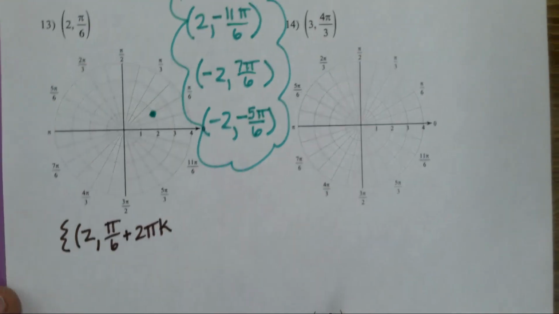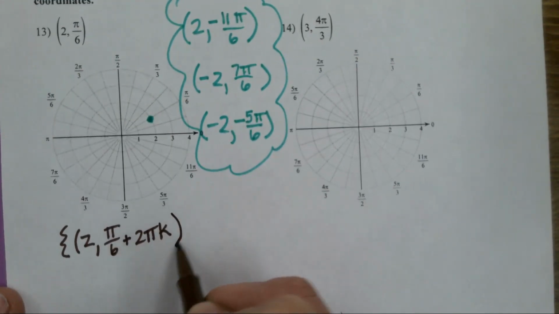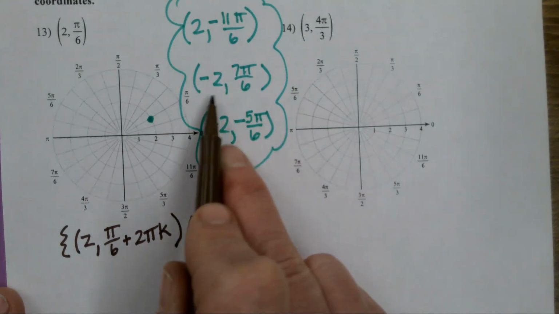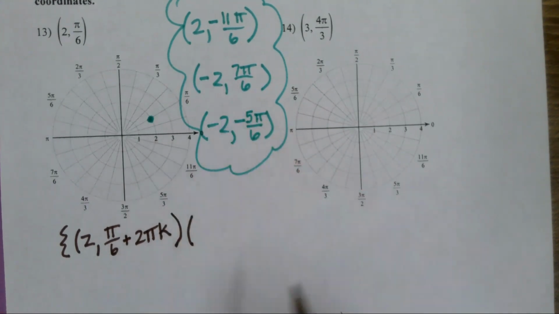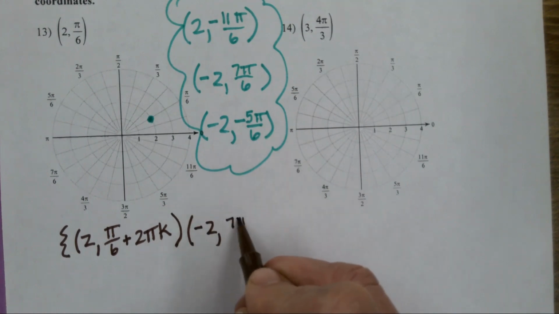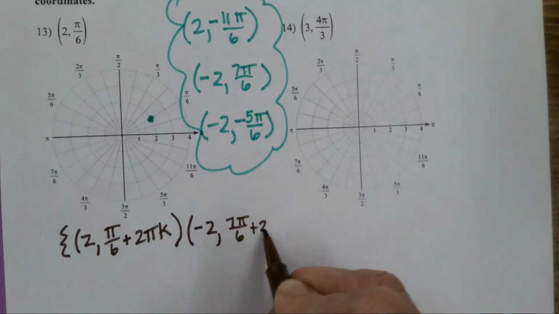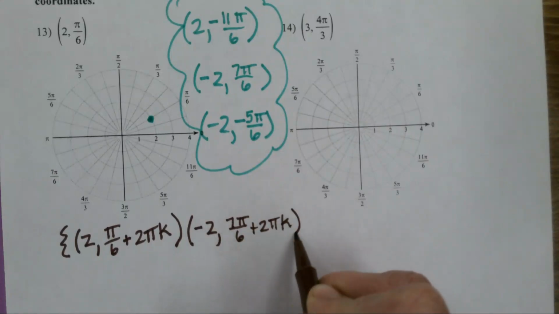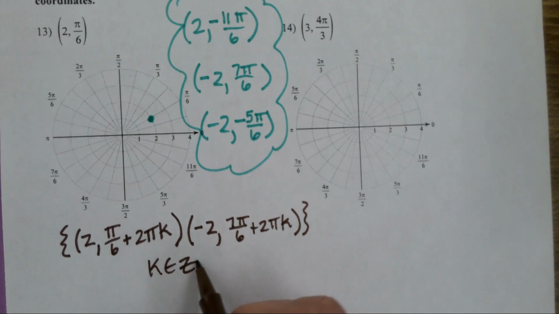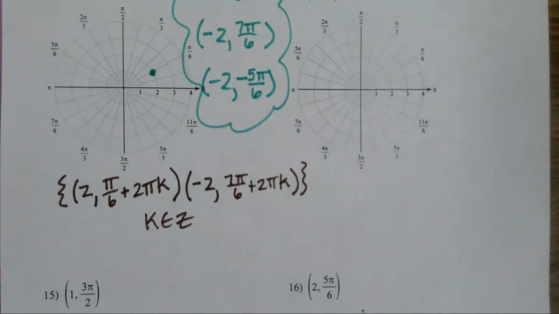My other solution has to come from the negative radius. And so I'm going to take the negative radius with the positive angle and do the same thing on that one. Let the world know that k is an integer and call it a day.